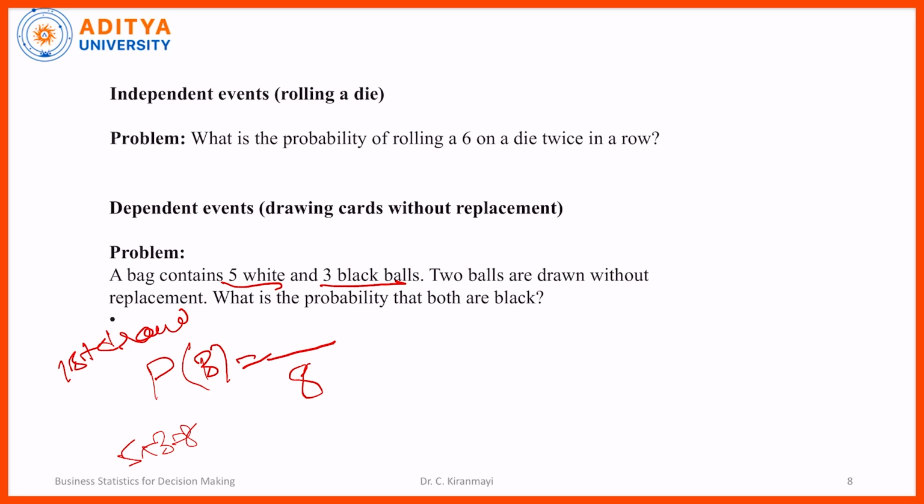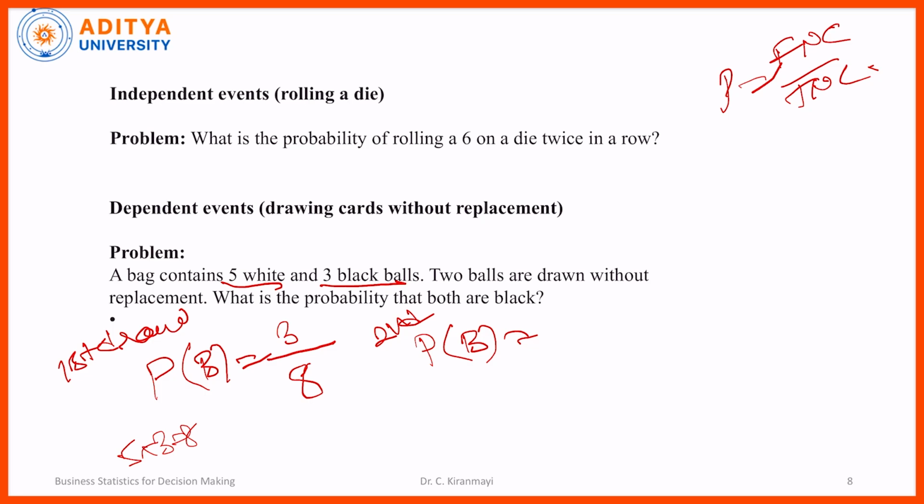That is the number of favorable cases. Probability is given by the number of favorable cases by the total number of cases. Total 3 black balls are there. Therefore, the probability of getting a black ball in the first draw is 3 by 8. Now, the probability of getting a black ball in the second draw. It is a problem without replacement.